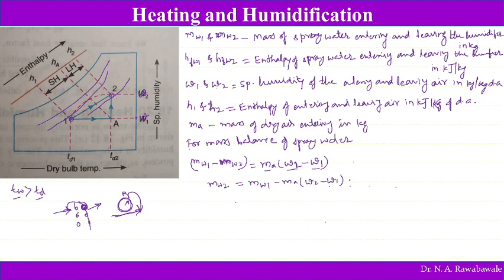We call this equation number 1. Only by transferring this MW1 to the right hand side and multiplying both sides by minus 1, we get this equation number 1.